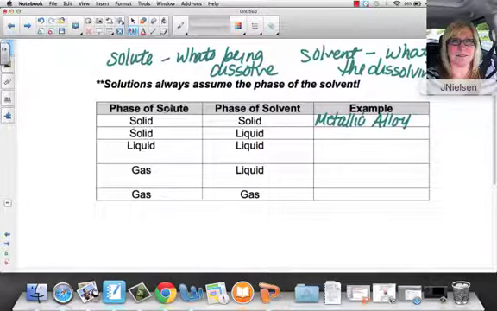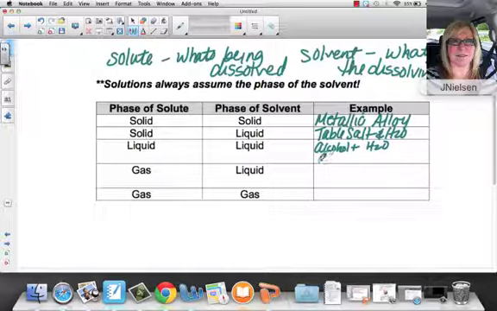If my solute is a solid and my solvent is a liquid, then this could be, say, table salt and water, which we call salt water. If I have two liquids, I could have one liquid going into another liquid. So this might be alcohol and water.